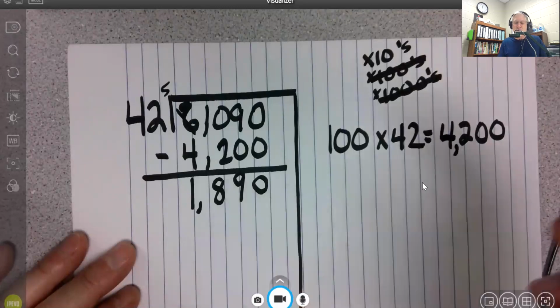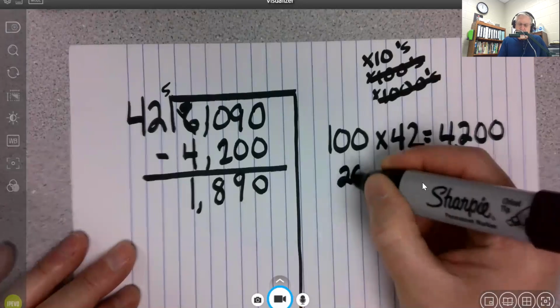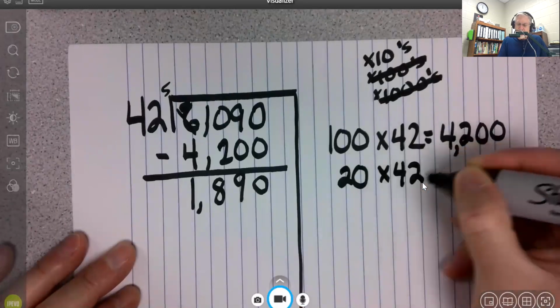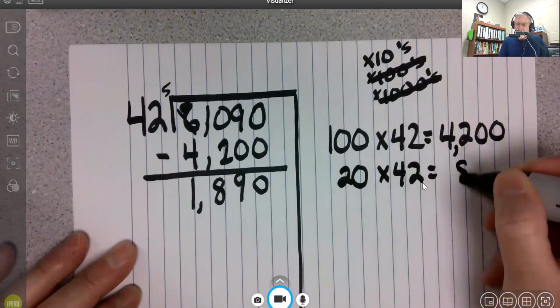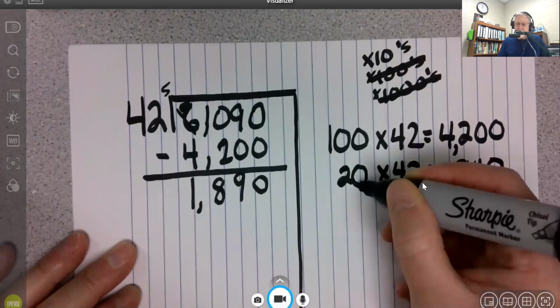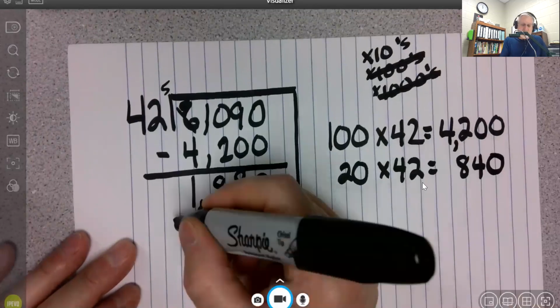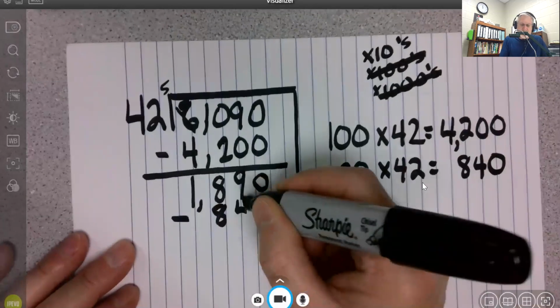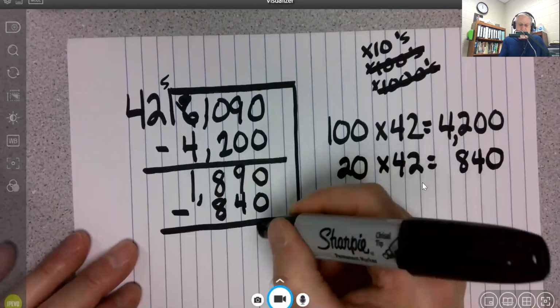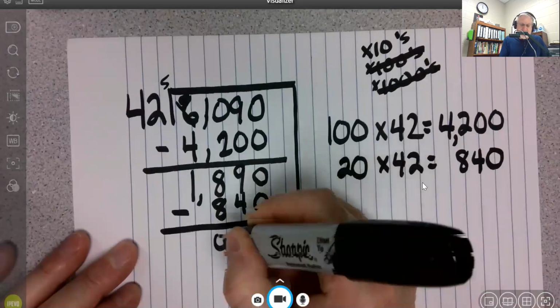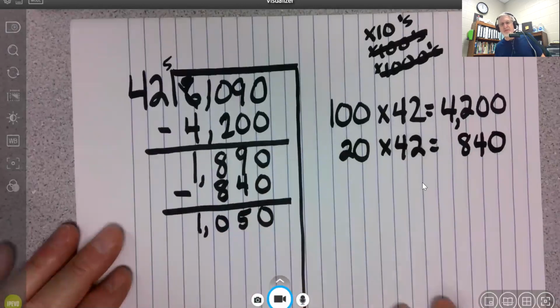Let's try 20. 20 times 42. Okay, I know 2 times 42 is 84, and I add my 0, which becomes 840. So I can subtract 840 from this, and I still have 1,050.